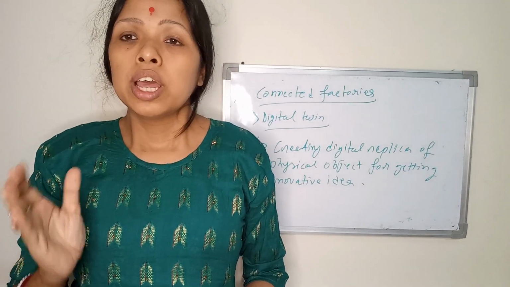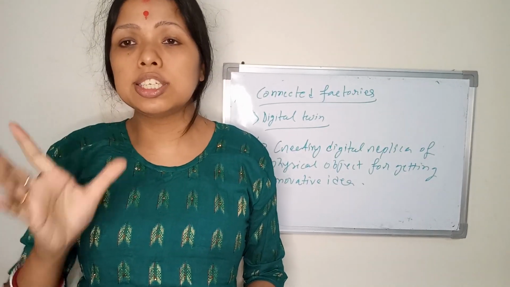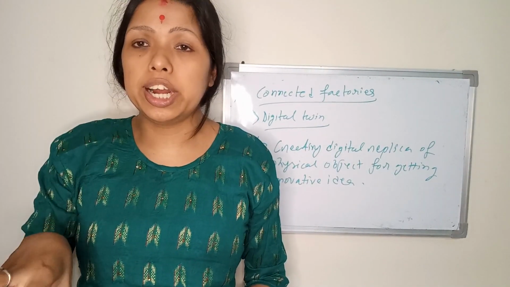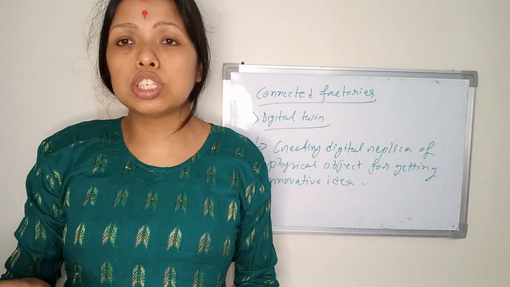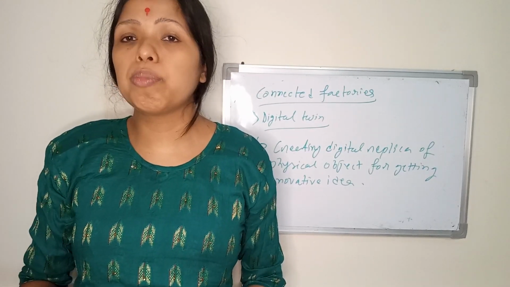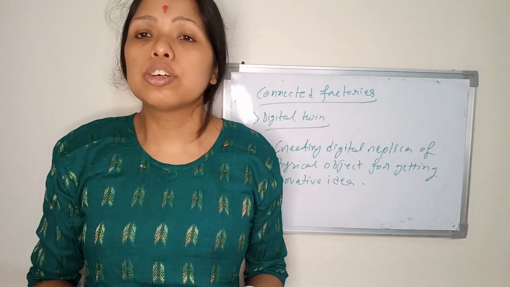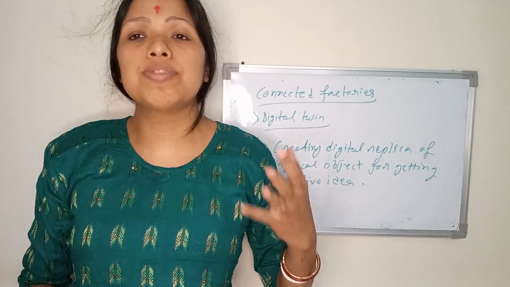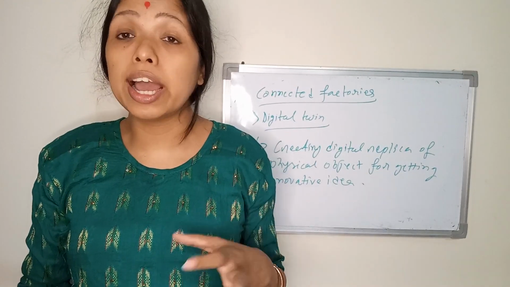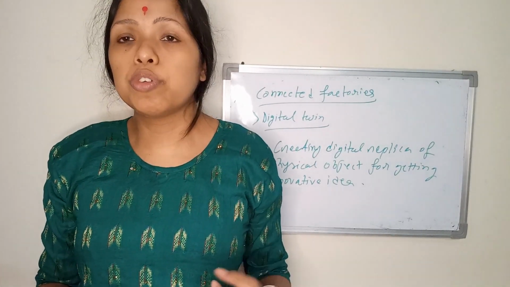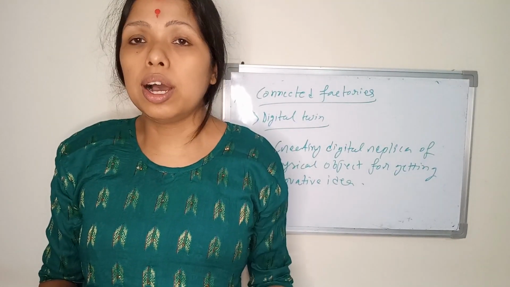In this digital machine you will apply those data. After applying those data you will perform some experiment or test, and after that you will get an innovative idea. So you will get a digital replica with a higher degree of accuracy for getting the innovative idea.